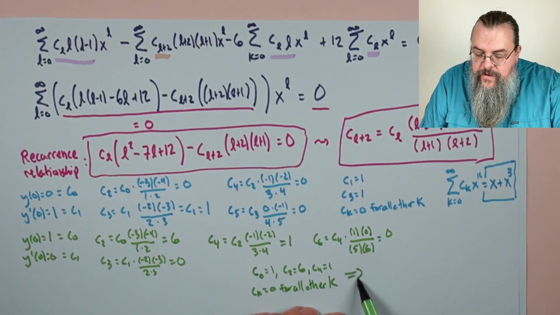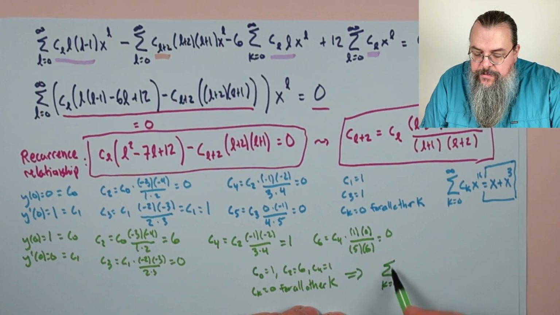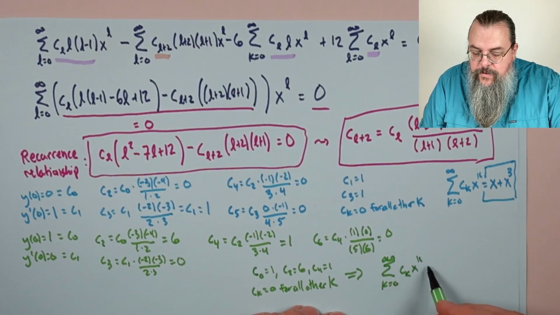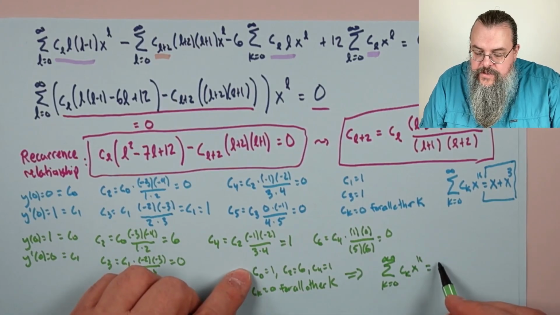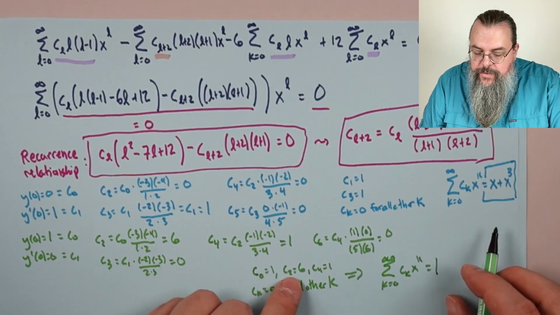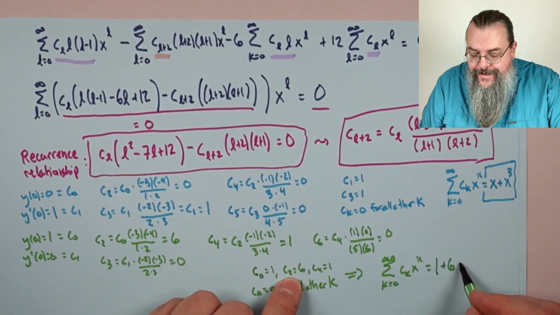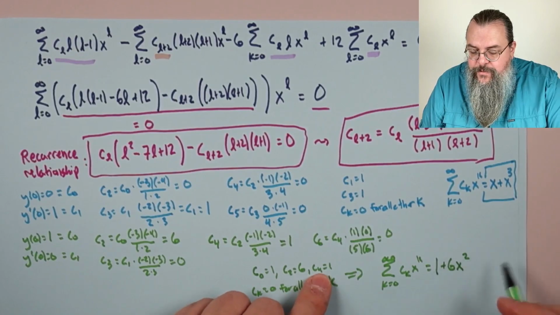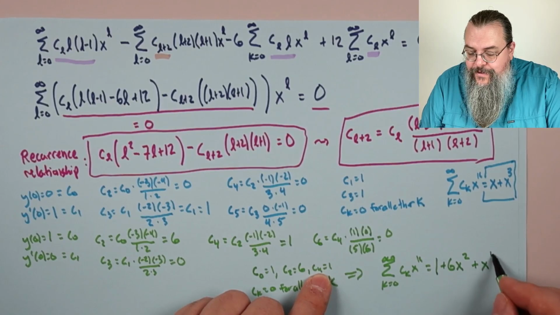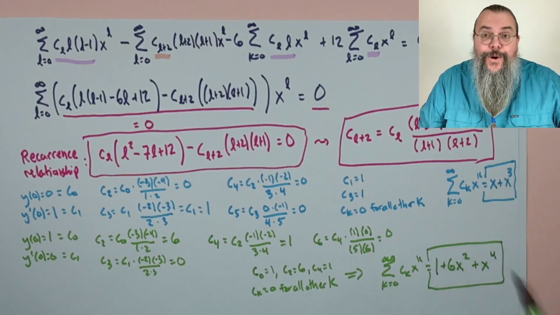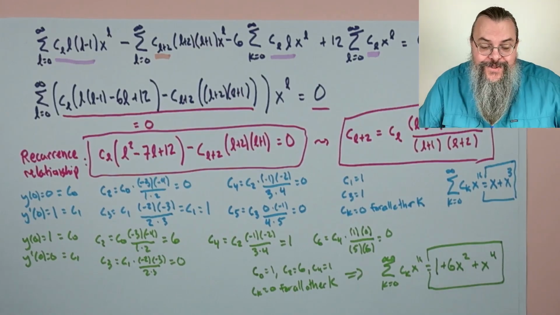Well, that says our sum, k equals 0 to infinity of c_k x to the k. Well, we have our constant term, then we have plus 6, and that's attached to c_2, so that's x squared. And then we have plus 1 times, since that's c_4, x to the 4th. And that's our whole solution. So we have these two wonderful, beautiful solutions.